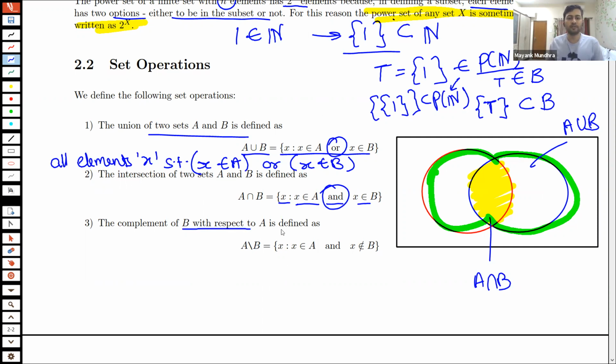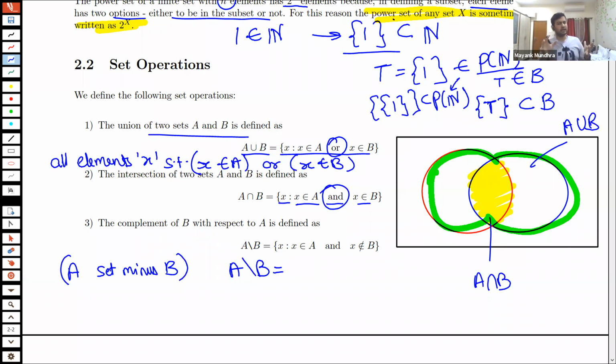Now the complement of B with respect to A, how is that defined? This is represented as A complement B, and is also written as A set minus B. This does not work like minus when it comes to numbers.